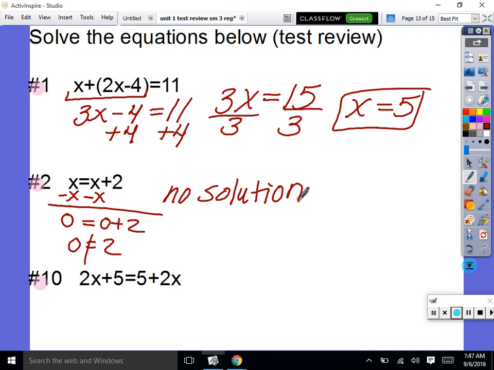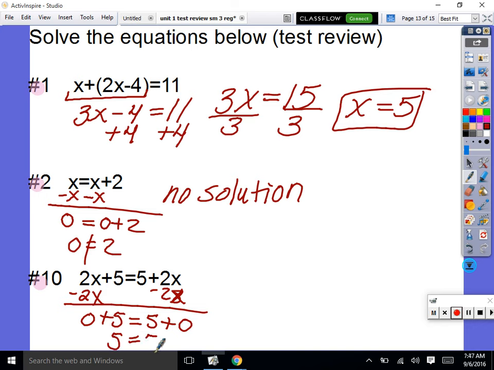Okay, number 10. We have 2x plus 5 is equal to 5 plus 2x. Solving for x, we'll combine our x's using algebra, subtract 2x. So won't that be 0 plus 5 is equal to 5 plus 0? 5 is equal to 5. Is that a true statement? Yep, so that would be all real numbers.